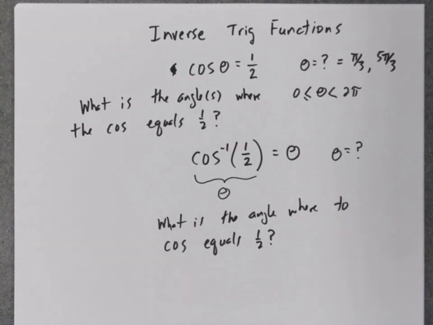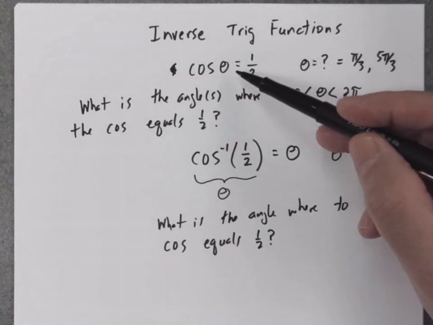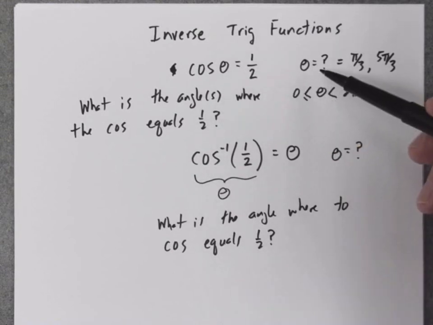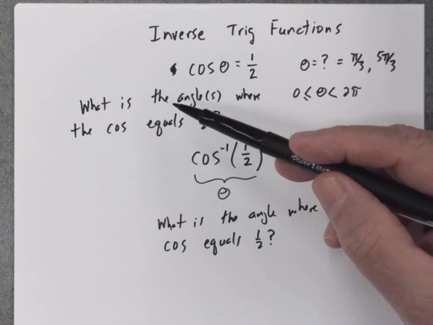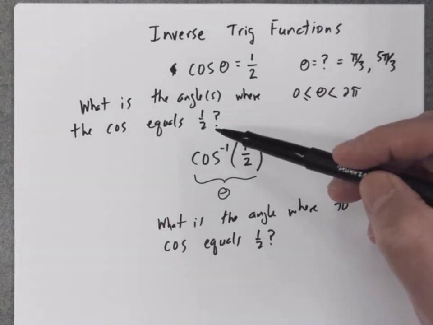Now if you notice, when I looked at the earlier equation and tried to find the angles, here's the question I asked: what's the angle or angles where the cosine equals 1/2?